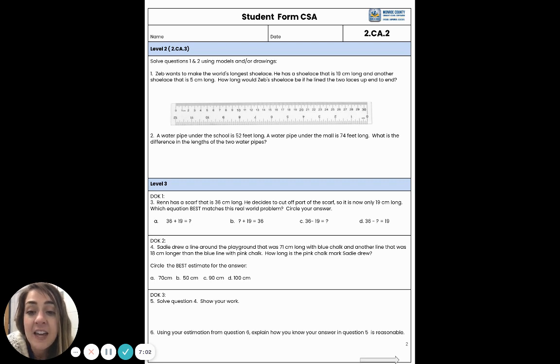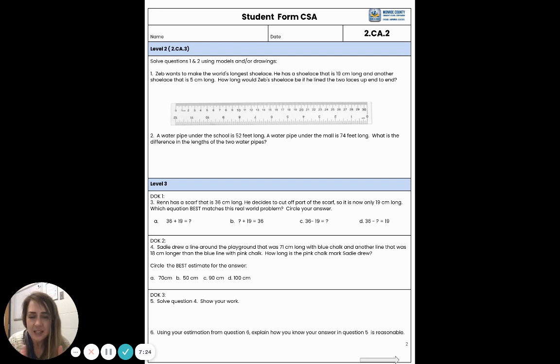Ren has a scarf that is 36 centimeters long. That sure sounds like I hear a number right away. So that must be my start number. Okay. He decides to cut part of the scarf. Okay, so it was 36. That was my start.